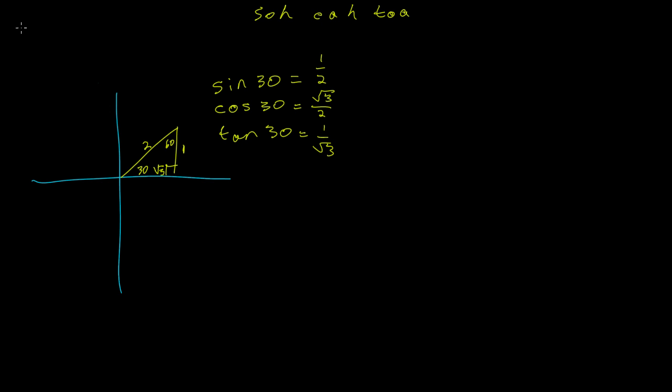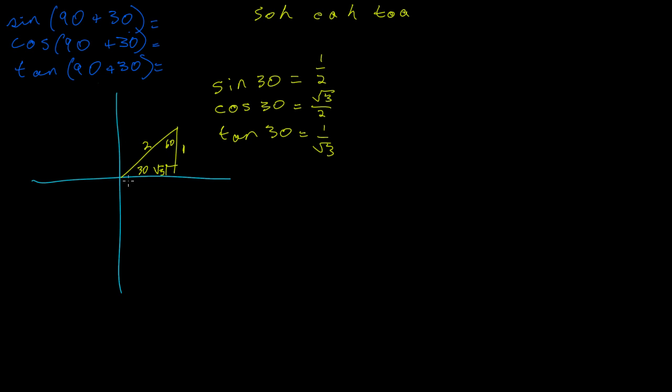So now, what will actually happen if I wanted the sine of 90 plus theta? Basically, for this demonstration, 90 plus 30. And I wanted to know, what is the cos of 90 plus 30? How do these relate? And what is the tan of 90 plus 30? How would we think about that?